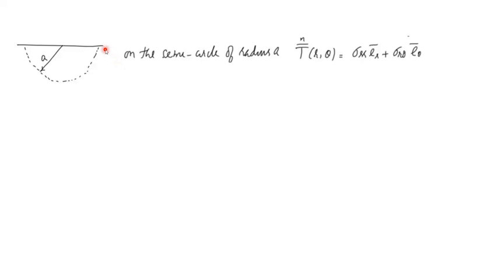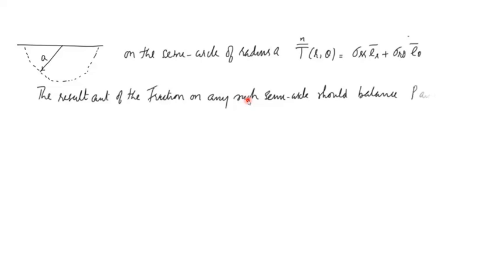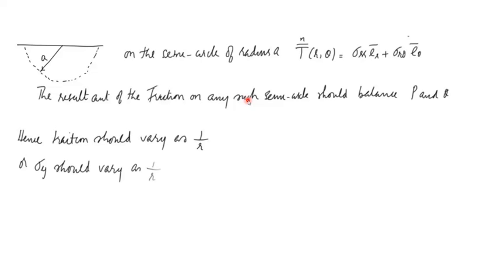Now the resultant of this traction taken over the entire semicircular surface should balance the two line loads P and Q. So if you remember my first lecture, this will give you a 1 over r type of variation for the traction, or the stress component should vary as 1 over r.